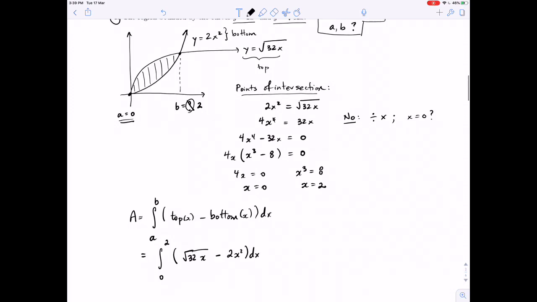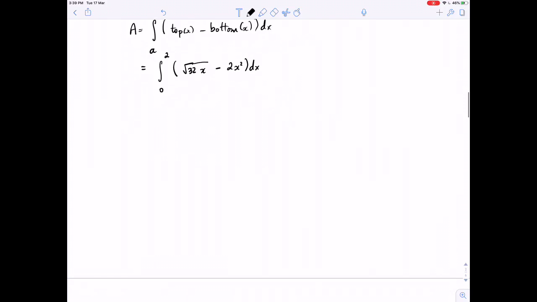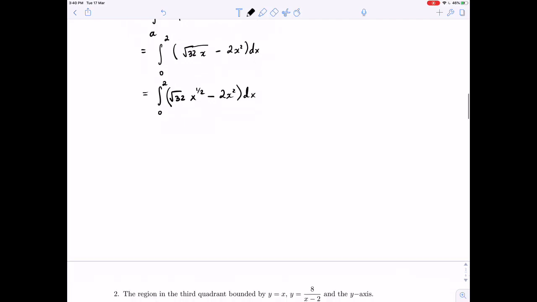Now that we have that set up, we can just proceed and evaluate this. The first thing that I'm going to do is split that root. So I can write this as root 32 times the root of x, which I can write as x to the 1/2. 2x squared I'll leave as it is. Now we can just anti-differentiate. We're looking for an antiderivative that we are going to run from 0 to 2.